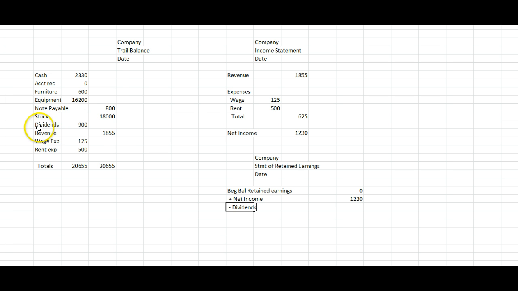We take a look, and here are some dividends, $900. So I'm going to subtract that. Okay. And that's going to give us our ending balance of retained earnings. Let's see what that is. Just going to add these up. Looks like we have $330.